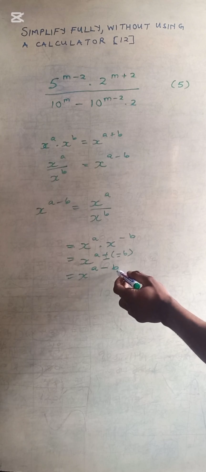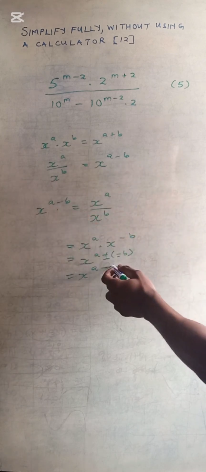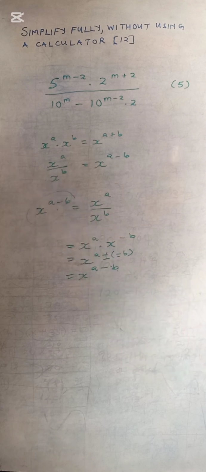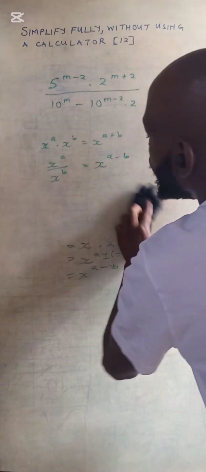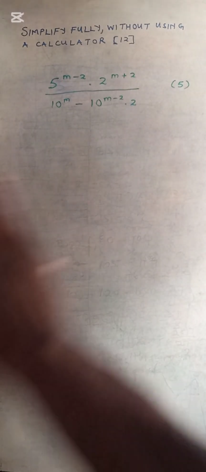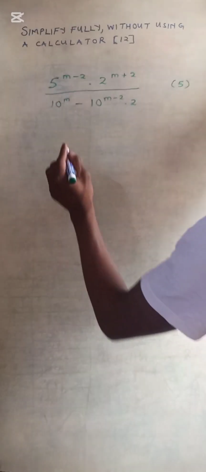So you can see that it gives us the same thing. So this one can be written in two different ways, right? We will manipulate it accordingly. It will depend. So in this case, we want to break everything down.